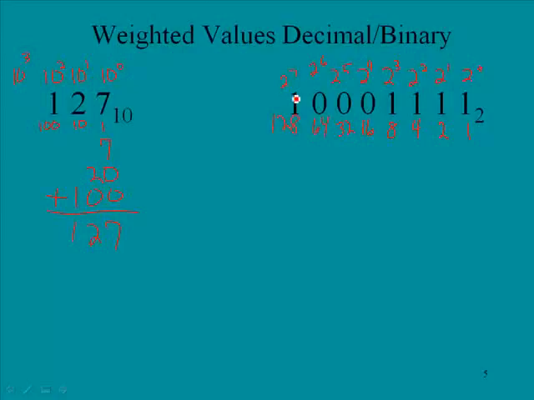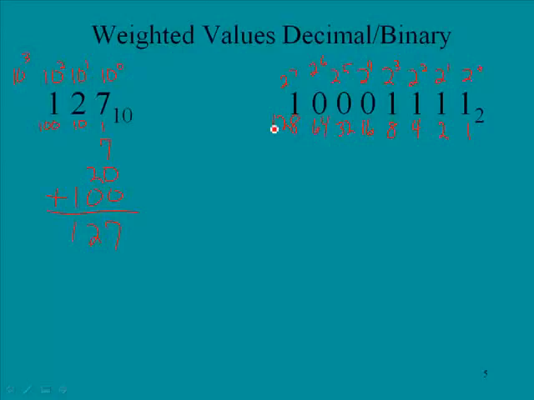And what you might notice here is that the values are going to double each time: 1, 2, 4, 8, 16, 32, and so on and so forth. Now, these are the values that are assigned to each digit.